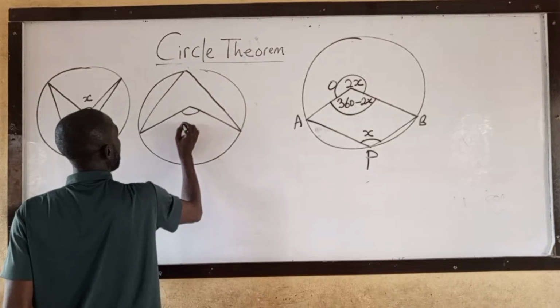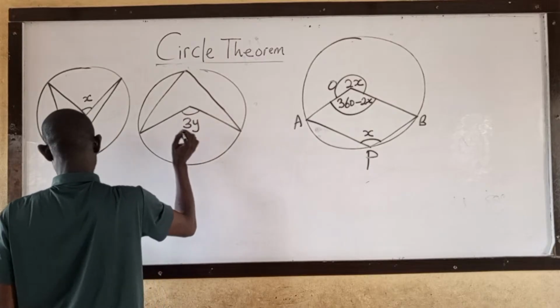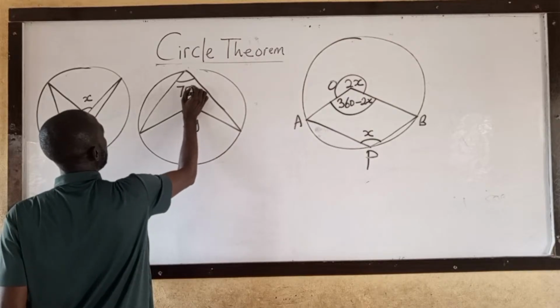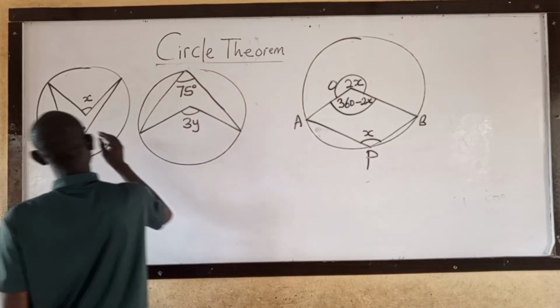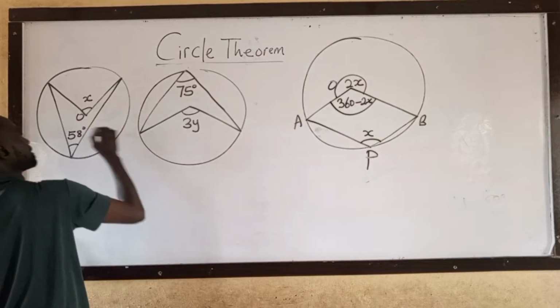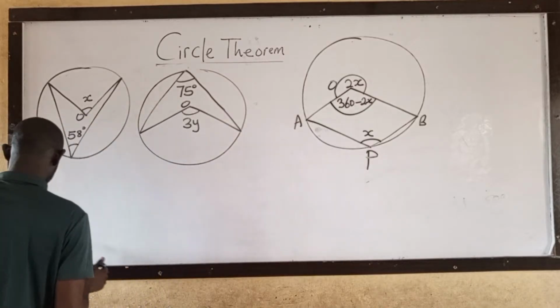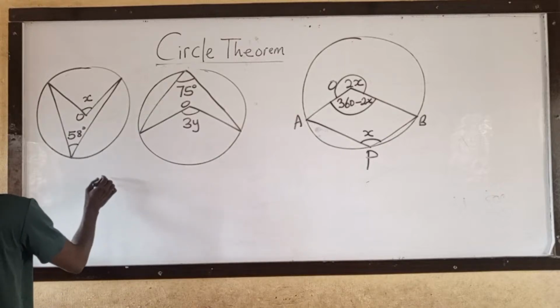You put 3y here. You put 75 here. Find y. O is the center. Look at another diagram.